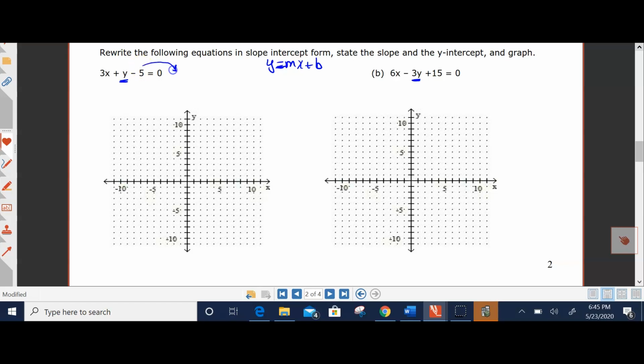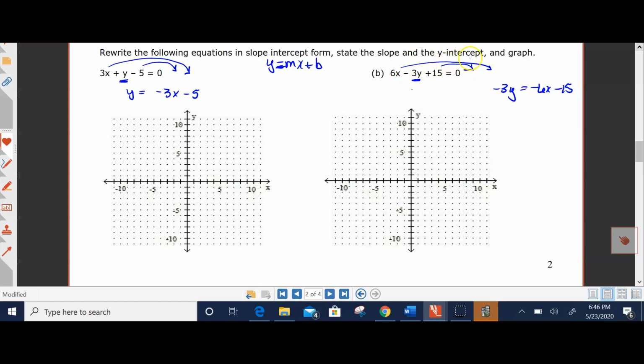So I will transfer the 5 over to that side by adding 5. I'll transfer the 3x to the other side by subtracting 3x, and I end up with y equal negative 3x minus 5. Let's take the other one and solve it for y. So transfer the 15 to the other side by subtracting it, transfer the 6x to the other side by subtracting it, so I get minus 3y is equal to minus 6x minus 15.